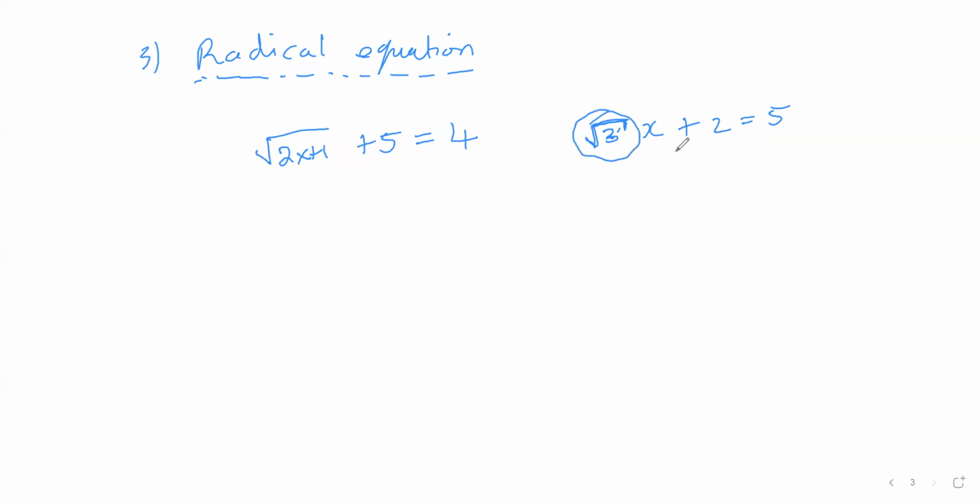So this is not a radical equation. I'm stressing this because being able to identify the type of equation will give you a clue of how to solve it. Being able to identify the type of equation is very important in knowing how to solve it. So you need to first be able to identify what type of equation this is, then how to go about solving it.